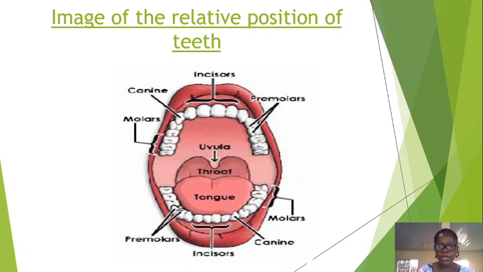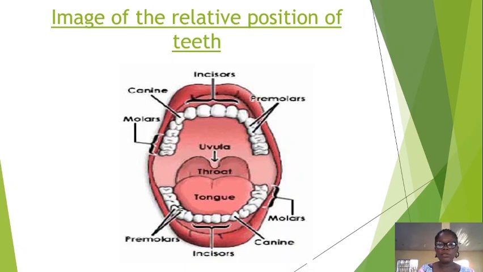Can you see where it's located? Then you can see the premolar. I hope you can see it there. Then we have the molars. These are the relative positions of these teeth in our mouth.